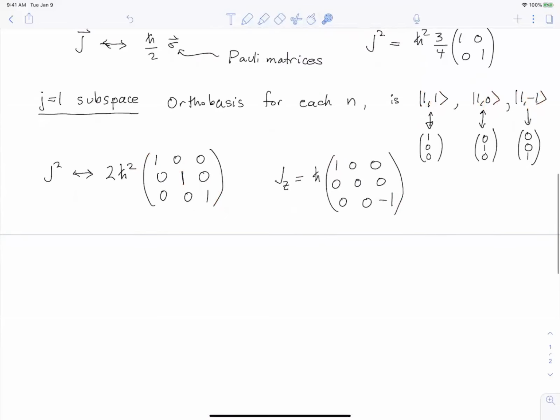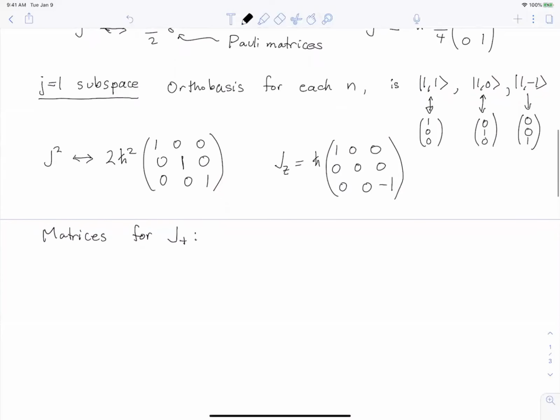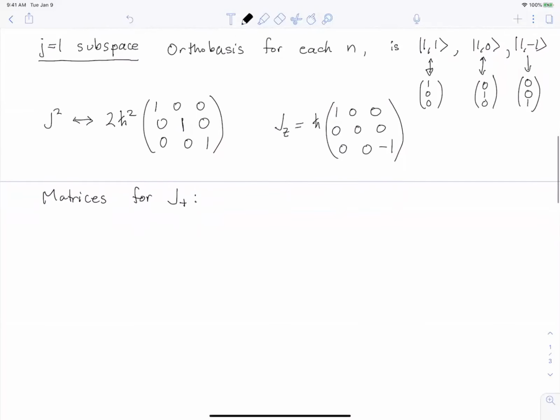Okay, so now let's work out what the matrices for J plus are. The strategy for doing this is just to figure out, first of all, how it acts on each of the orthobasis kets, and then translate that into matrix notation.